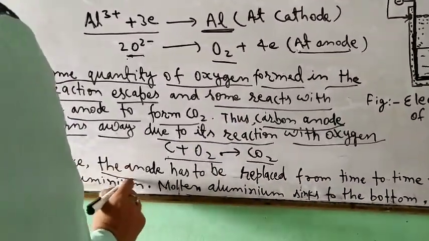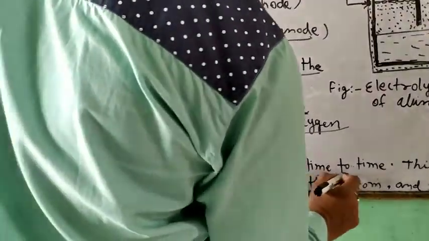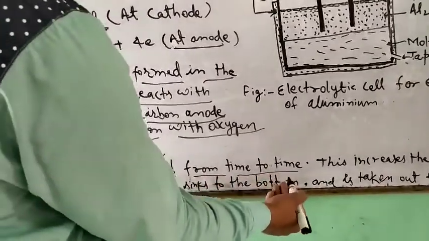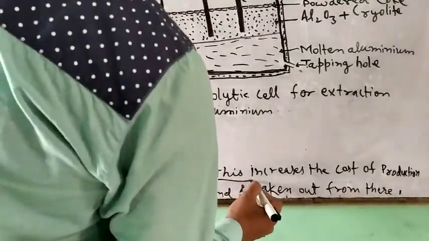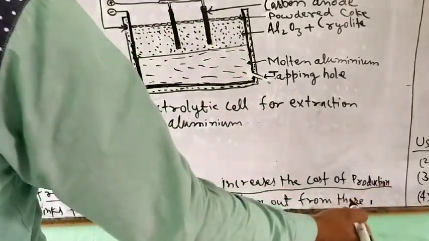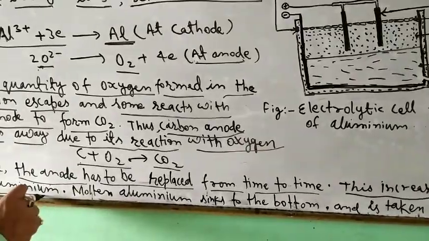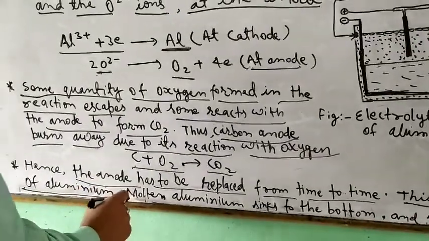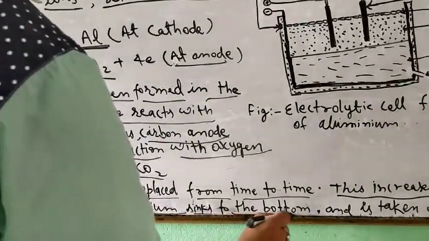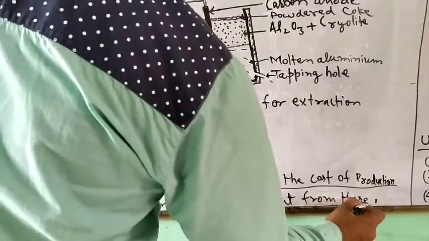Hence, the anode has to be replaced from time to time. This increases the cost of production of aluminium. Now, molten aluminium sinks to the bottom and is taken out from there.